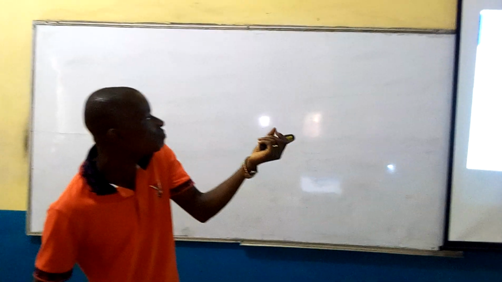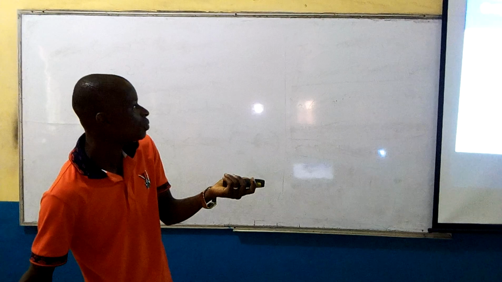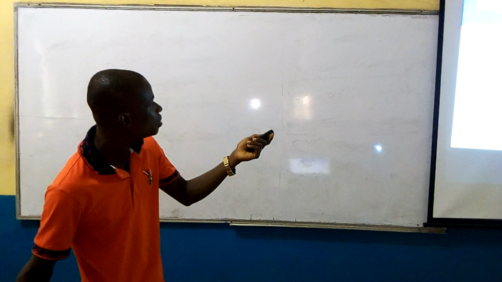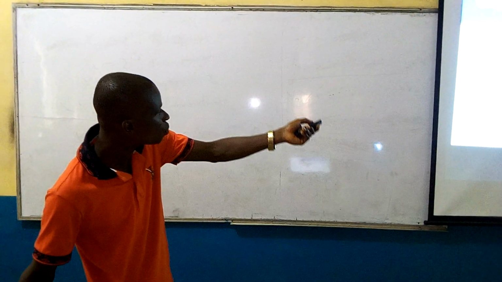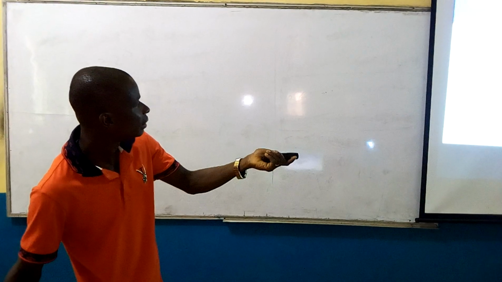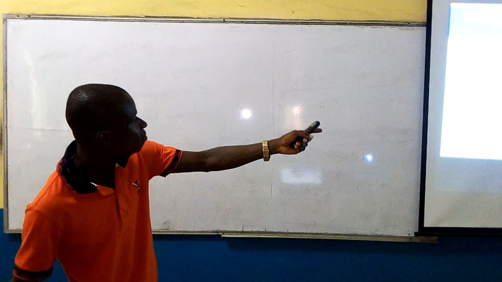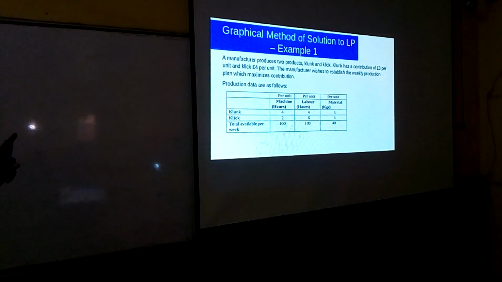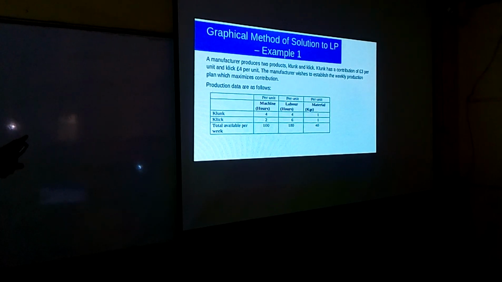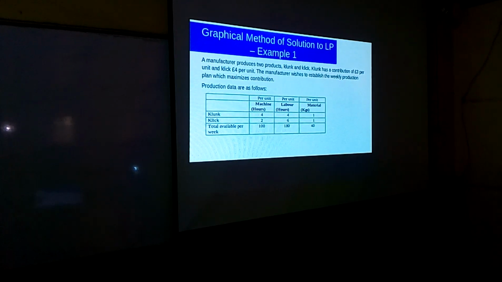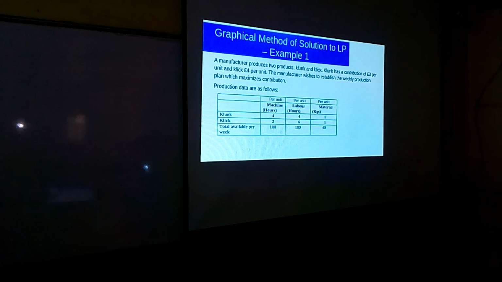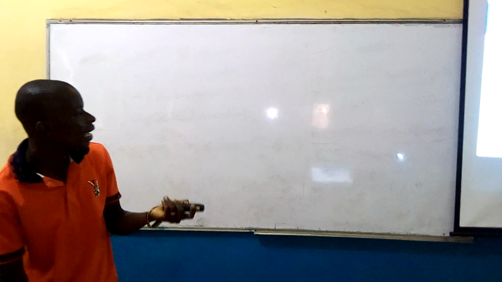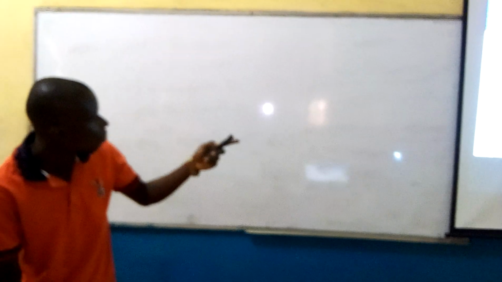So we want to maximize the output, subject to these constraints. For machine hours, 4 hours for Clank, 2 hours for Click, and the total is 100 hours per week. That means you cannot go beyond 100 hours, and that gives us these constraints.